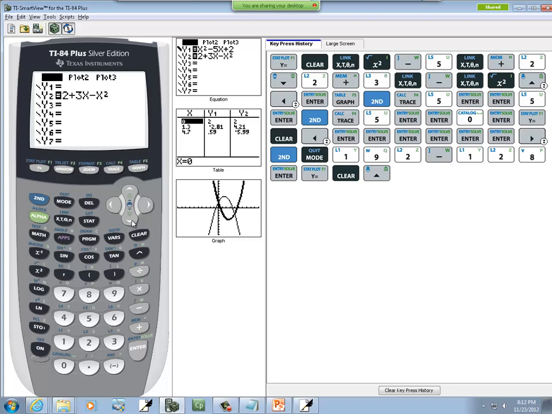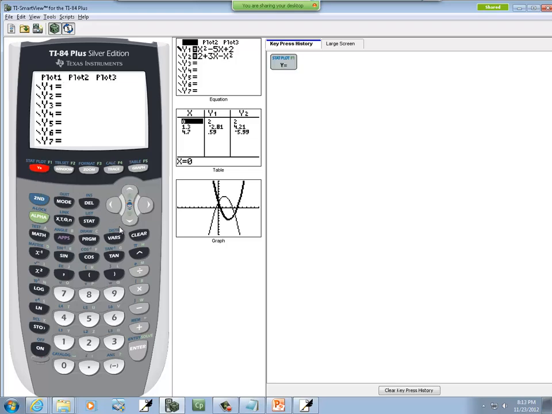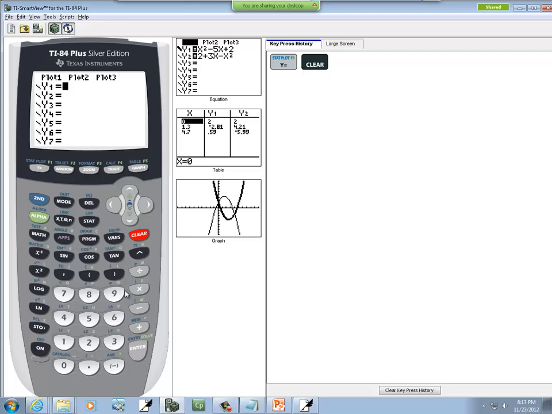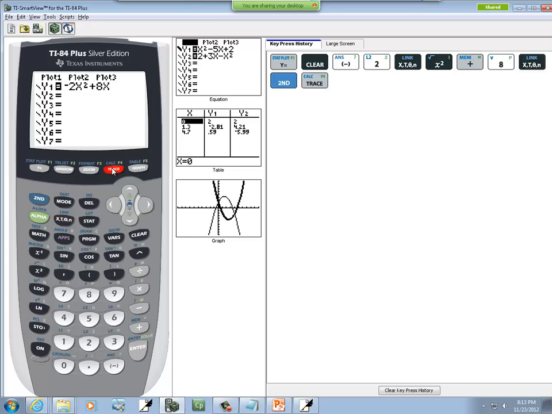Okay, so I'm going to come to my y equals, clear out everything that's there. Okay, then we want to put in negative 2x squared plus 8x. And I'll do second trace.